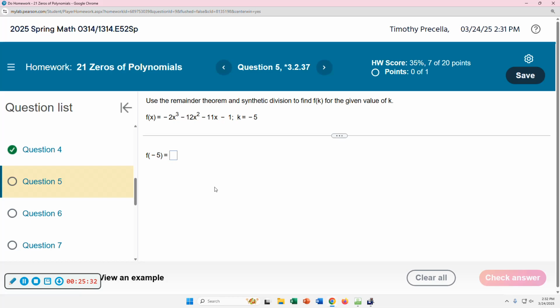They say use the remainder theorem and synthetic division to find f of k for the given value of k. And the k value is what? -5. So they want us to find f of -5.